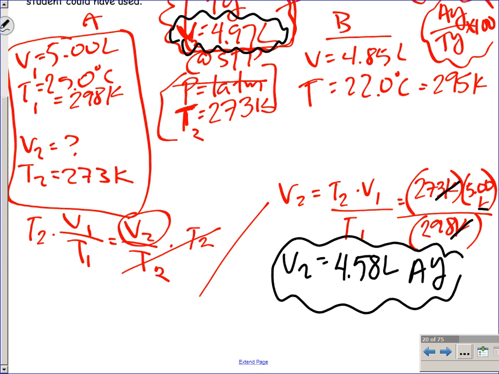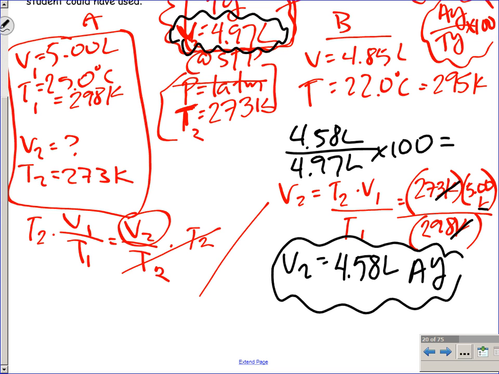So how do I do percent yield? 4.58 liters divided by 4.97 liters times 100, which is 92.2%. Wonderful. So that's how you appropriate.